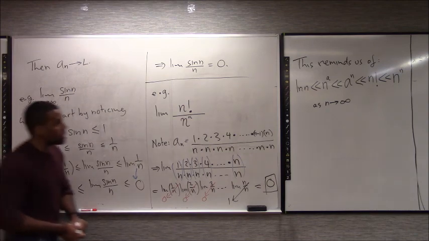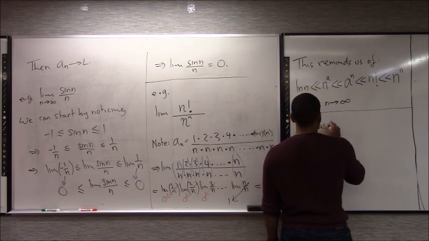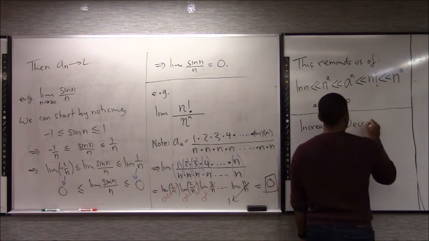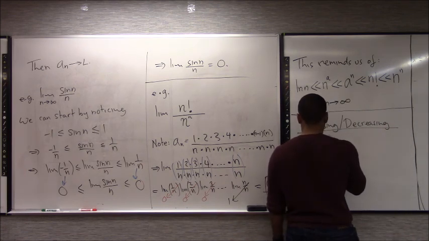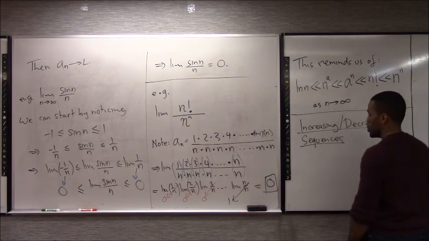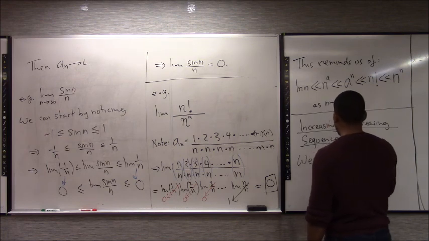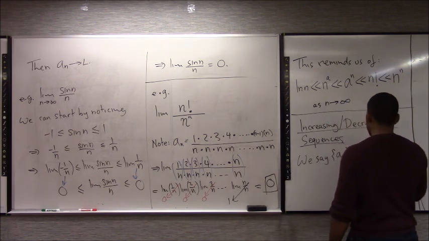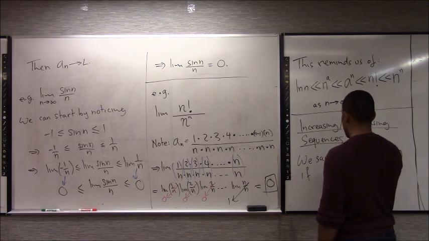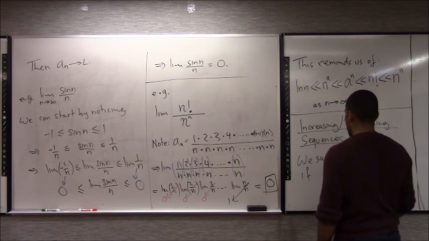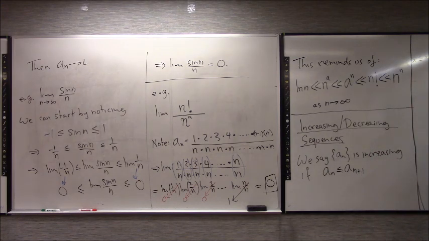One other thing we need to talk about: increasing versus decreasing sequences. We say AN is increasing if each new term is greater than or equal to the previous term.